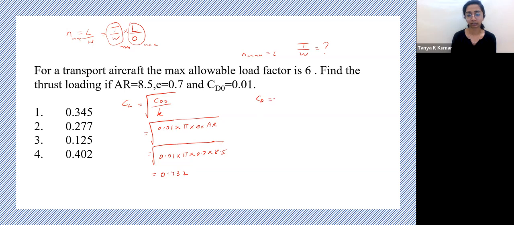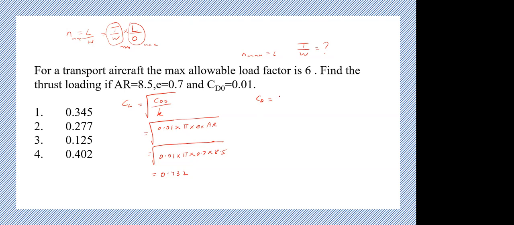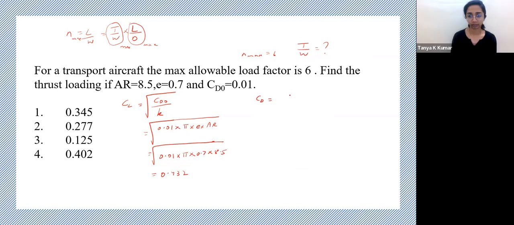So how do you find out CD? What was the drag polar equation? It will become twice of CD naught. I'll just write it down for completion. CD naught plus K CL square. In this particular case where L by D is maximum or CL by CD is maximum, which corresponds to, for a propeller aircraft, CL by CD maximum corresponds to maximum range, right?